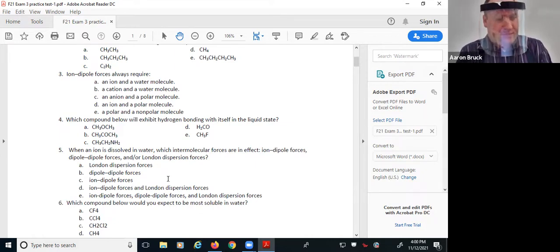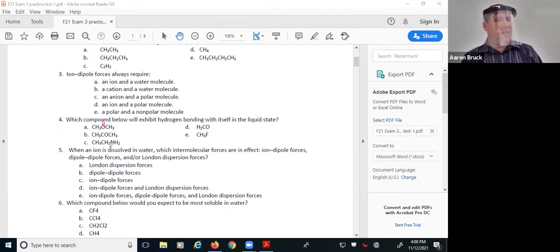So what I mean by that is, if I'm looking at this formula, for example, I can clearly see that this oxygen is in the middle of those 2 carbons. So this isn't going to exhibit hydrogen bonding because I don't have an oxygen bonded to a hydrogen. I got oxygens in the middle of carbons, and the carbons are bonded to hydrogens. But the oxygen's not bonded to the hydrogen itself.